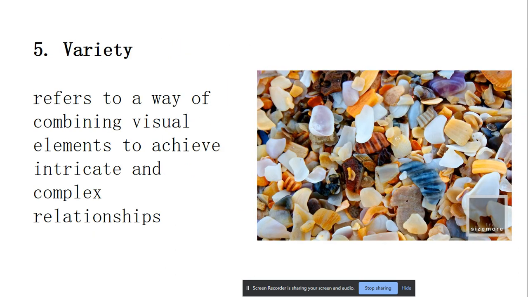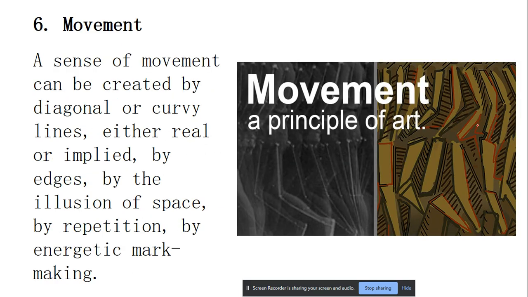Okay, and then we also have this variety, refers to a way of combining visual elements to achieve intricate and complex relationship. This one, variety. We have movement. A sense of movement can be created by diagonal or curvy lines, either real or implied, by edges, by the illusion of space, by repetition, by energetic mark making.